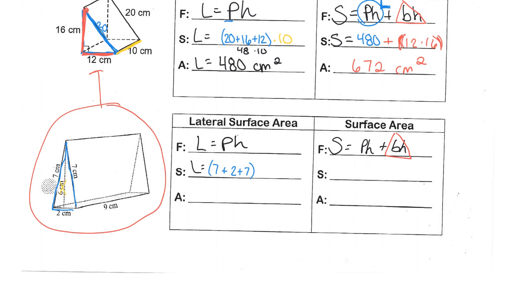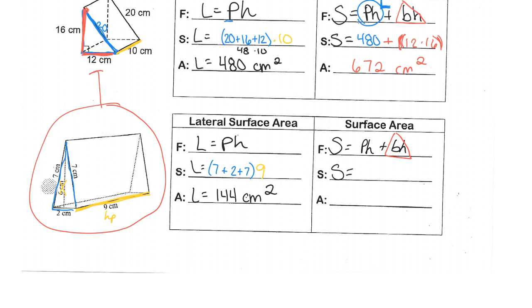We're going to add those up and times the height of the prism. Not the height of the triangle, the height of the prism. How tall is that prism? Whereas the 6 is the height of the triangle. See how they're different? So let's do 7 plus 2 plus 7, that times 9. That's going to give me a lateral area of 144 centimeters squared.